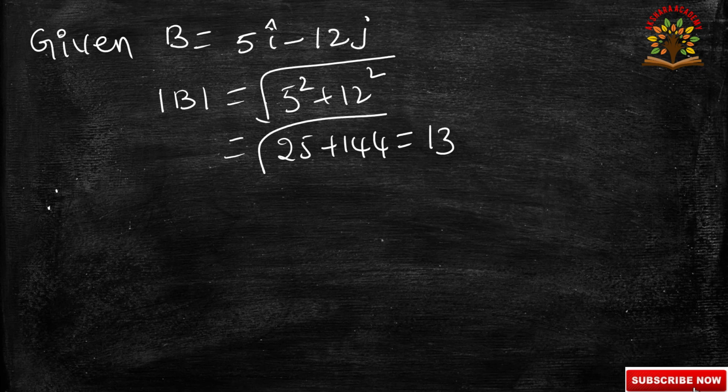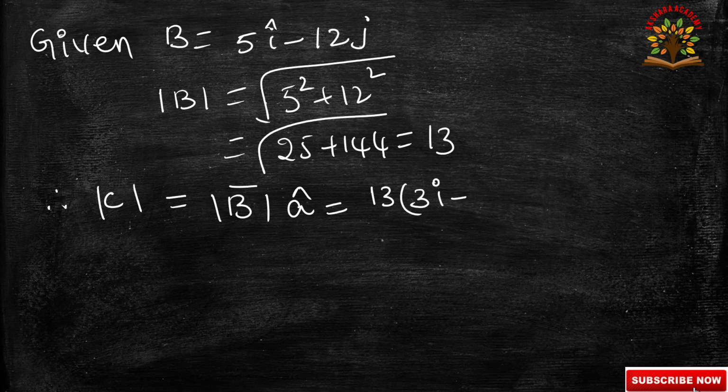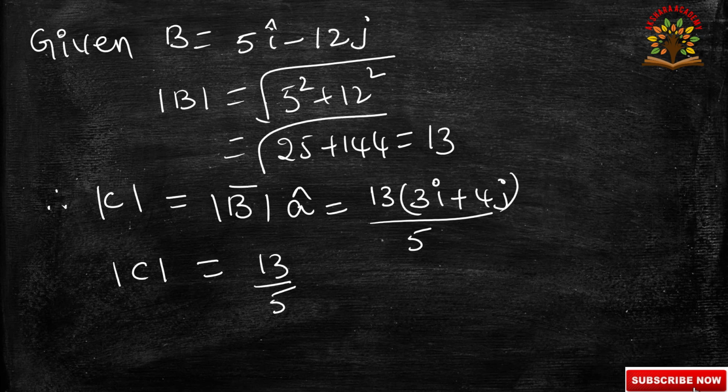Therefore modulus of c bar is equal to modulus of b bar into a cap, that is equal to 13 into the value of a cap, which is 3i plus 4j by 5. So c bar is equal to 13 by 5 of 3i bar plus 4j bar.